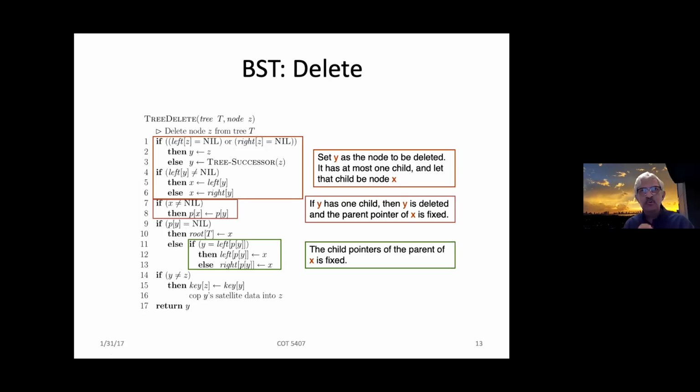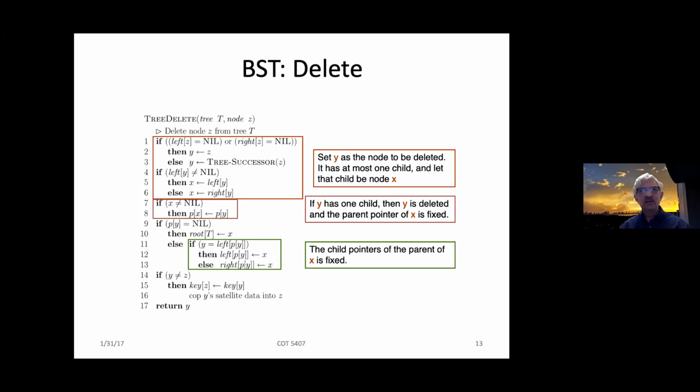Remember it's the node Y that we have to remove, and so we're going to connect the child of Y to the parent of Y. So that's what this says. If Y is a left child of its parent, then make X the left child of the parent. Otherwise, make X the right child of the parent.